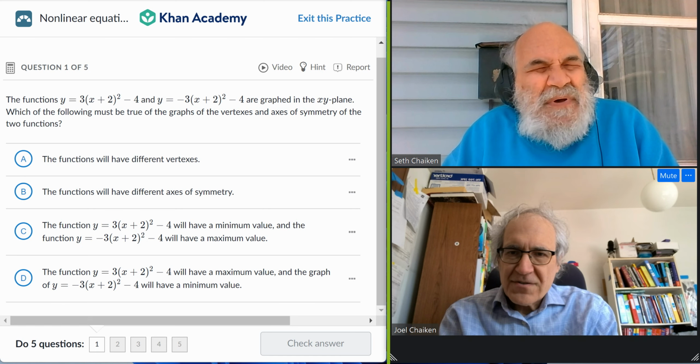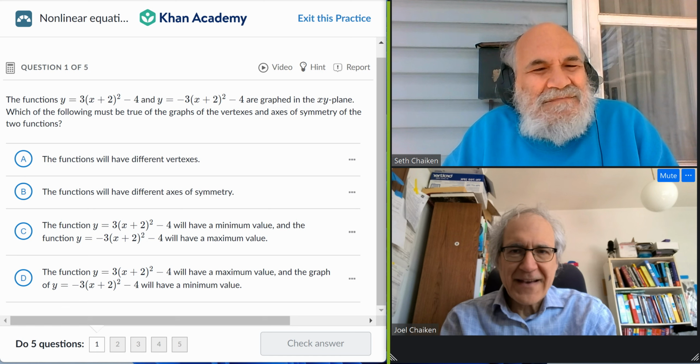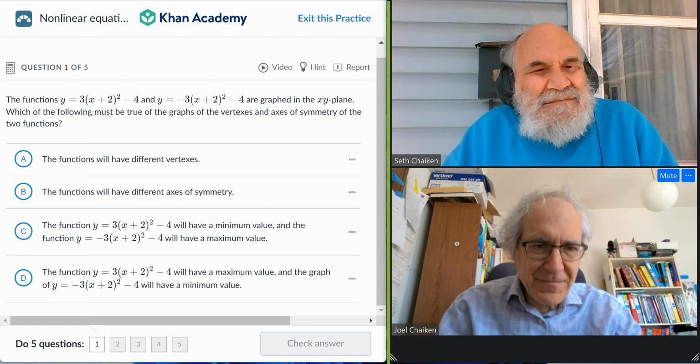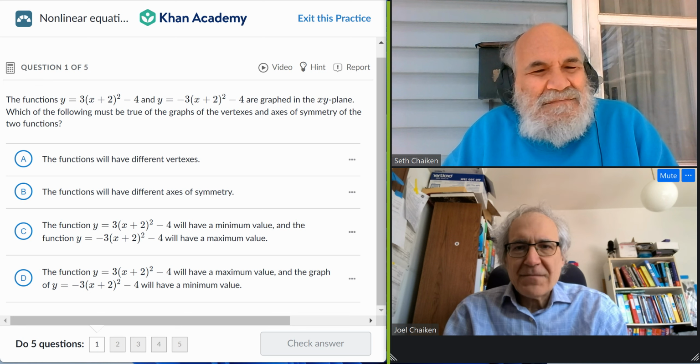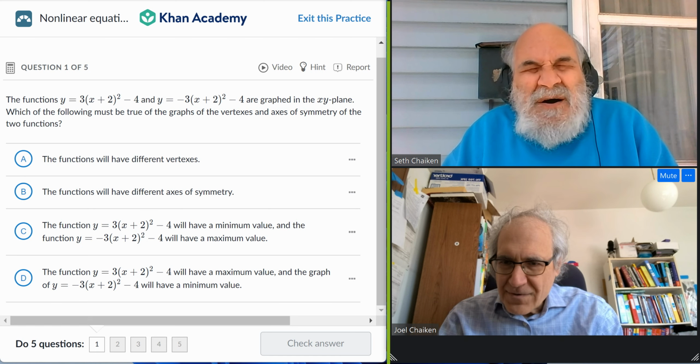Also minimum values? Well, the vertex is the minimum value or the maximum value; inside the vertex is embedded the idea of the maximum and minimum values. The options: the functions will have different vertices; the functions will have different axes of symmetry; the function will have a minimum value.